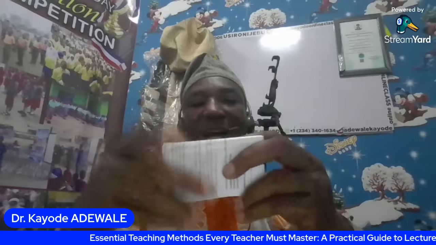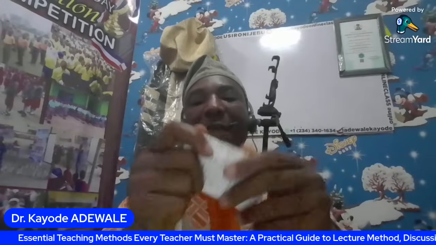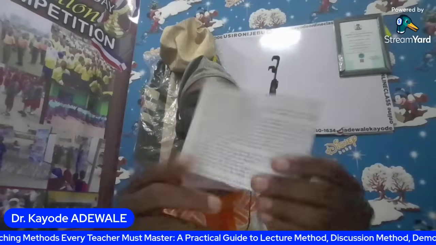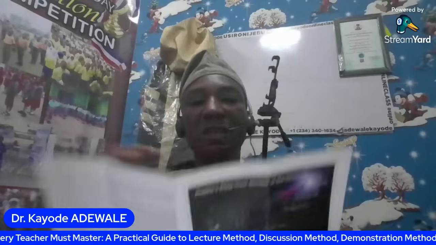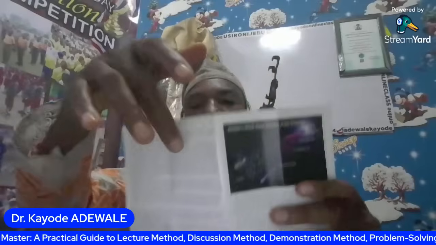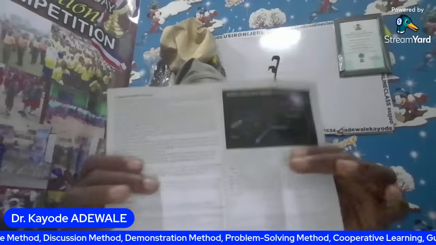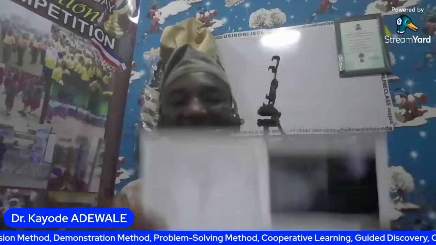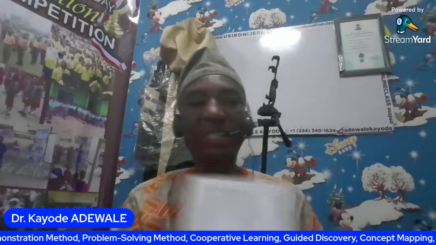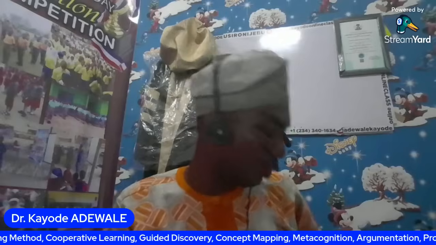How many times now? Thrice. Then if I unfold this, how many shapes is this giving me? 1, 2, 3, 4, 5, 6, 7, 8. And I ask the students to do the same thing. So the kind of method of teaching I'm using at that moment is what we call the demonstration method.